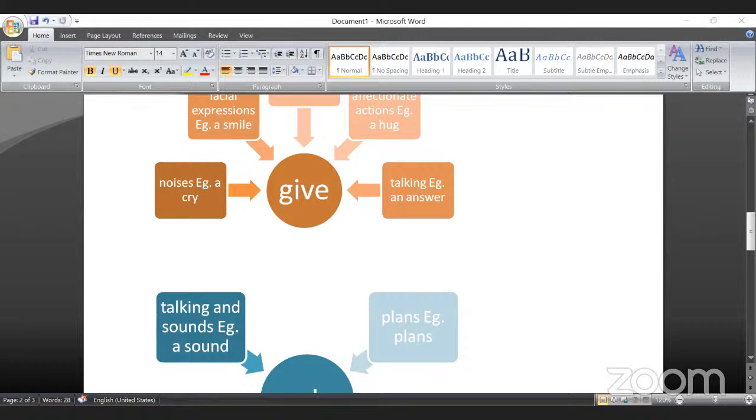Basically the meaning is that it screeched. There was a screech as the train halted. We can use give a cry for a thing or a person.